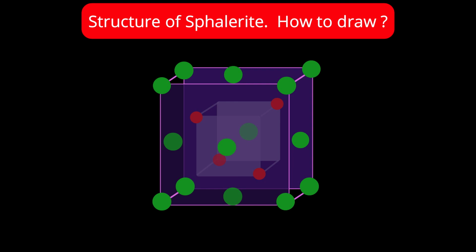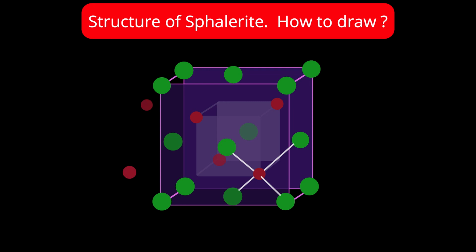A sulfide ion which is at the extreme backside is faint in color. Now you can understand that one zinc ion is surrounded by 4 closest sulfide ions. Out of those 4, 1 sulfide is at a corner and 3 sulfides are at centers of faces.